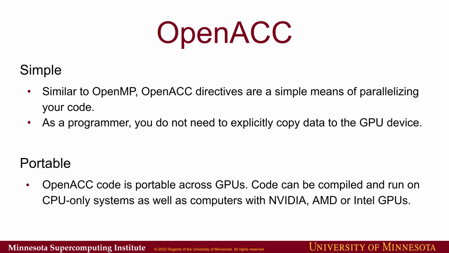It's portable, so it'll run across multiple kinds of GPUs, in addition to CPUs. So it's not just that we only have NVIDIA GPUs at MSI, but you could also use it on AMD or Intel GPUs as well. So it could run on a different supercomputer if they had a different kind of GPU. Next slide.